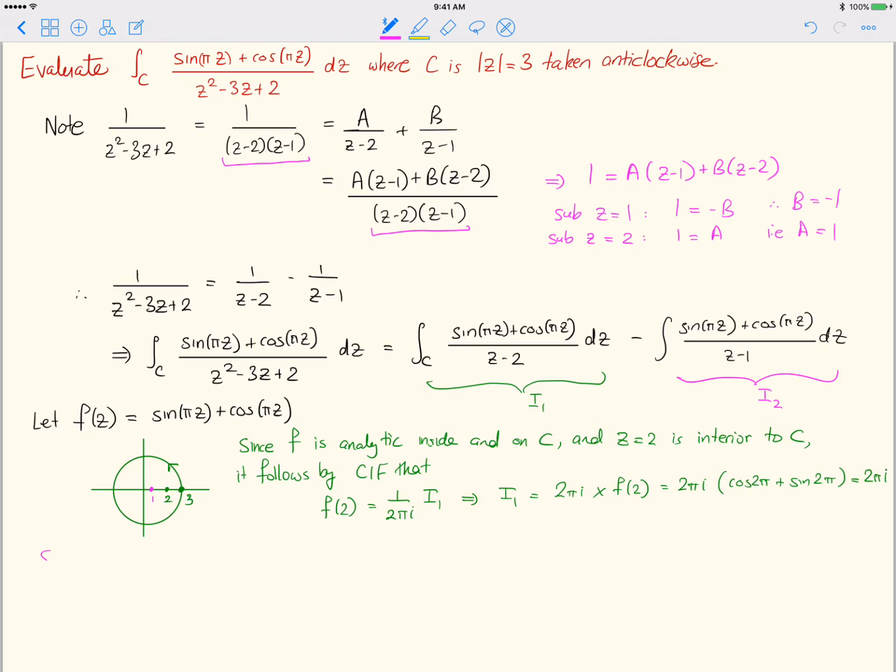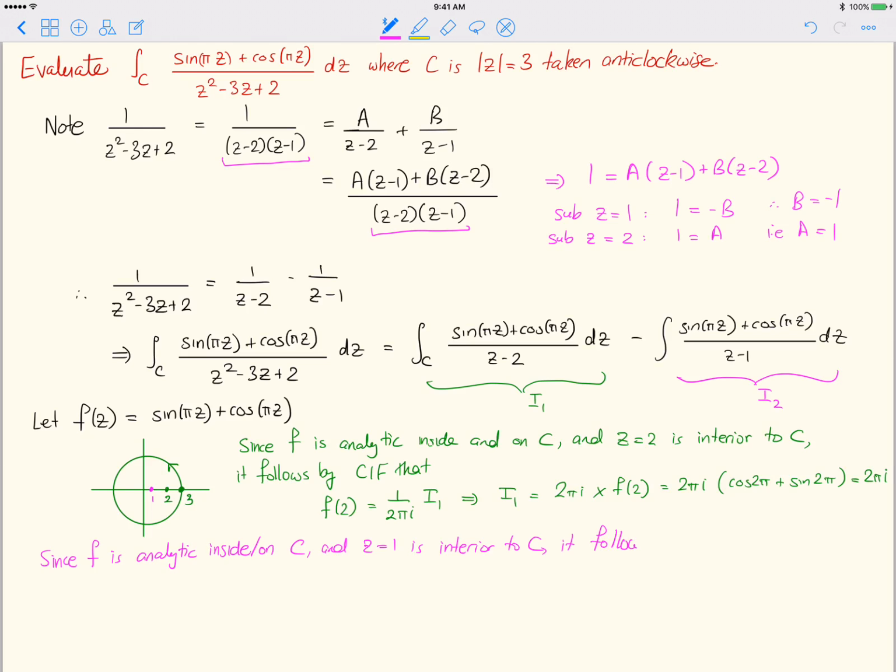I say, since f is analytic inside and on C, and z equals 1 is interior to C, I can again use Cauchy's integral formula.